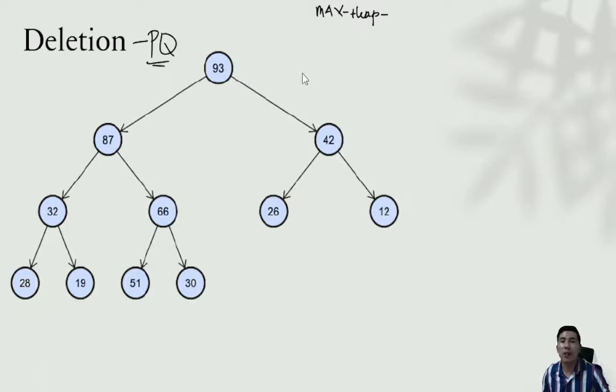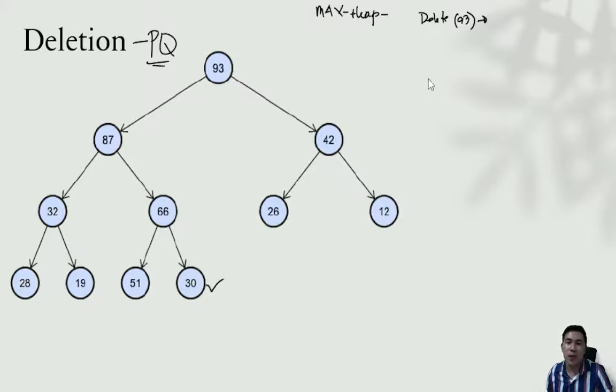Now let's go with the process of deletion. If we are going to delete 93, when we delete 93, you will have to swap the value of the last inserted element in terms of level order, which is this one.